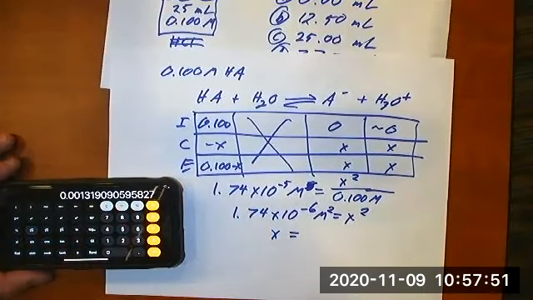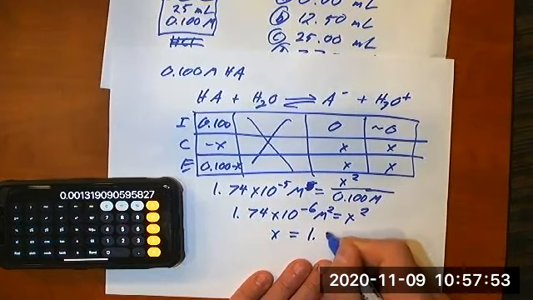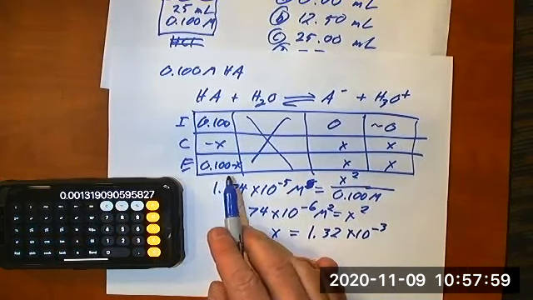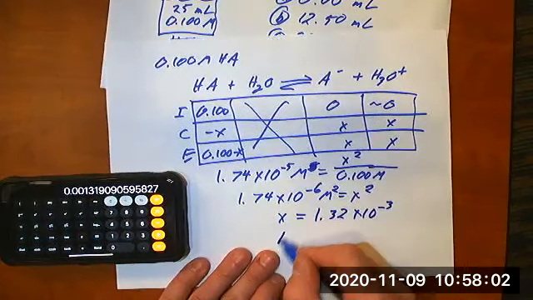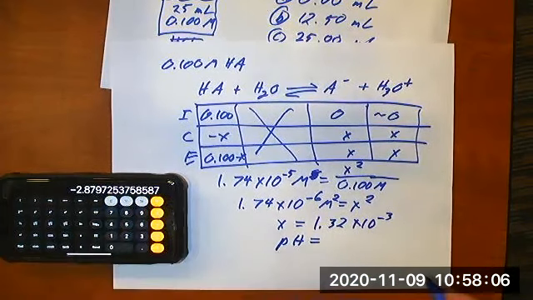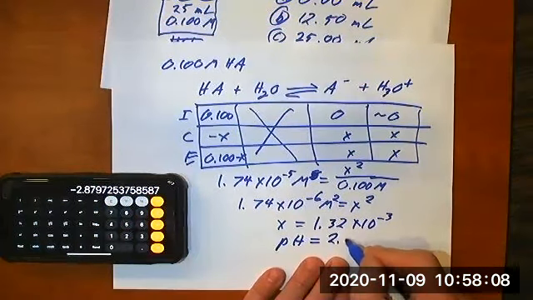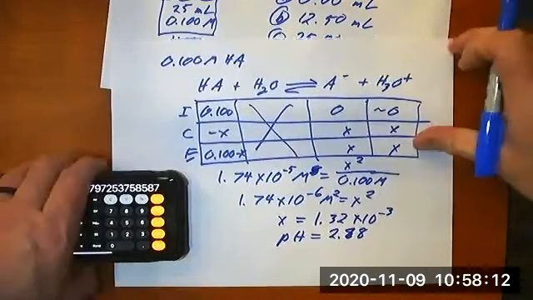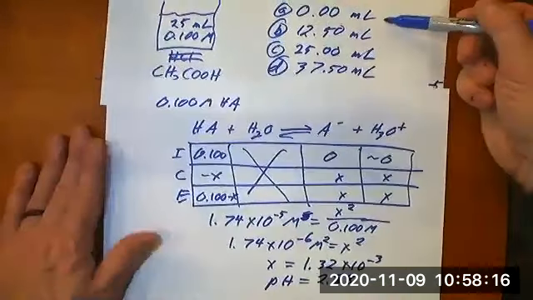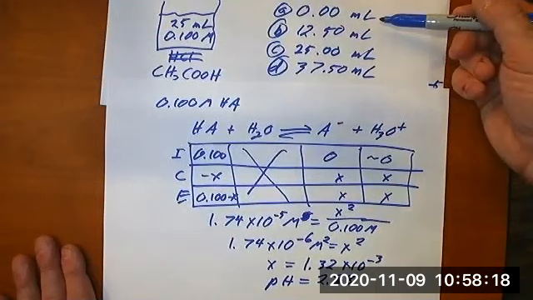We get 1.32 times 10 to the minus 3, which is certainly small compared to 0.1. And so our pH is going to be the negative log base 10 of this, or 2.88. Okay. So that is our initial concentration that we're working with.